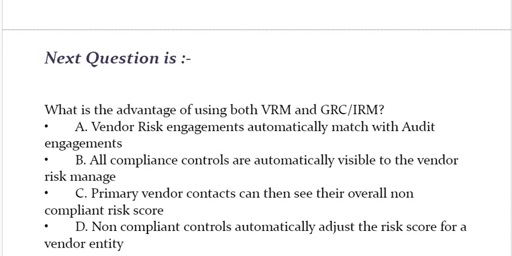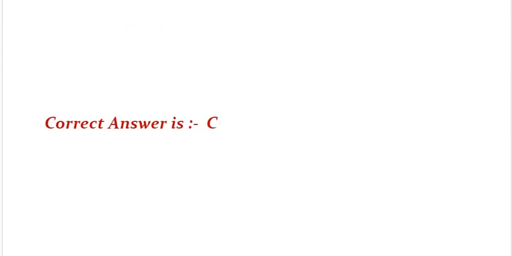Option C, primary vendor contacts can then see their overall non-compliant risk score. Option D, non-compliant controls automatically adjust the risk score for a vendor entity. Correct answer is option C.